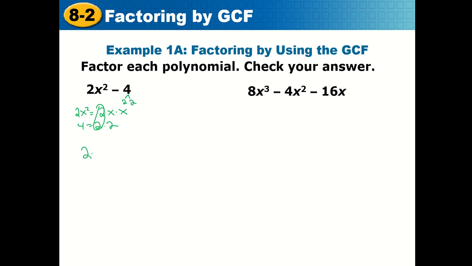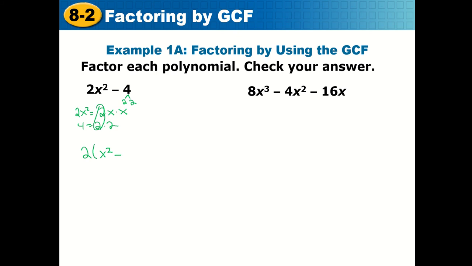So I'm going to bring that down. That's a factor we're going to pull out of each of these terms, of this term and of this term. So what is left when I have 2x squared? Well, if I took out the 2, I'm just left with x squared. And I'm going to bring down the minus sign. That does not change.